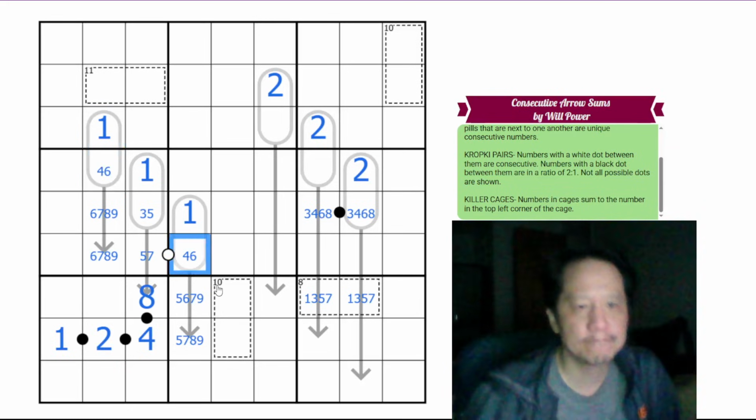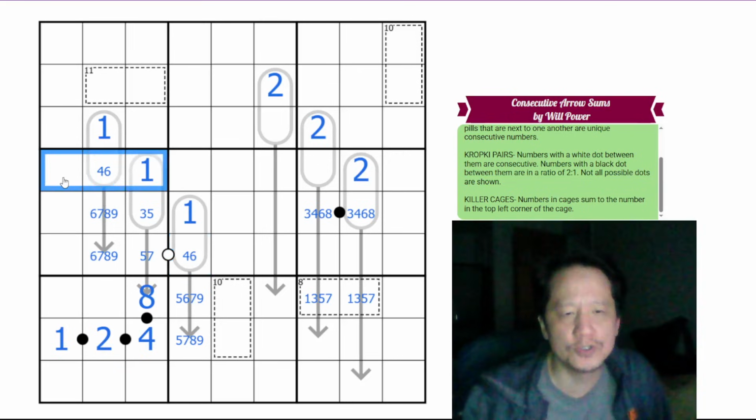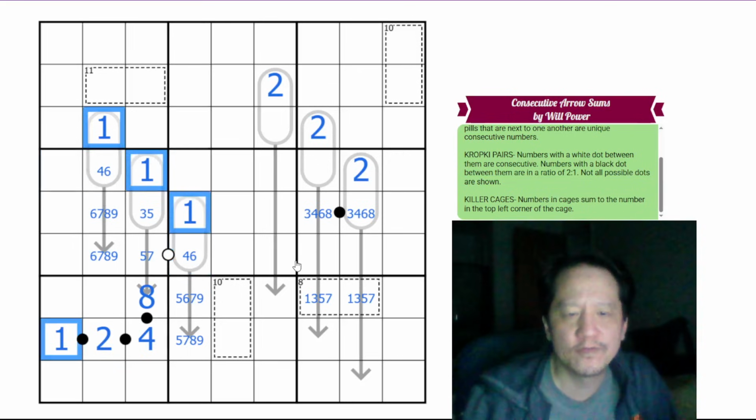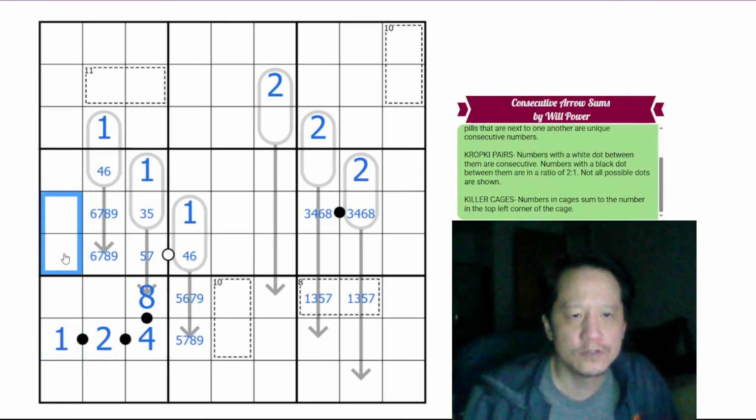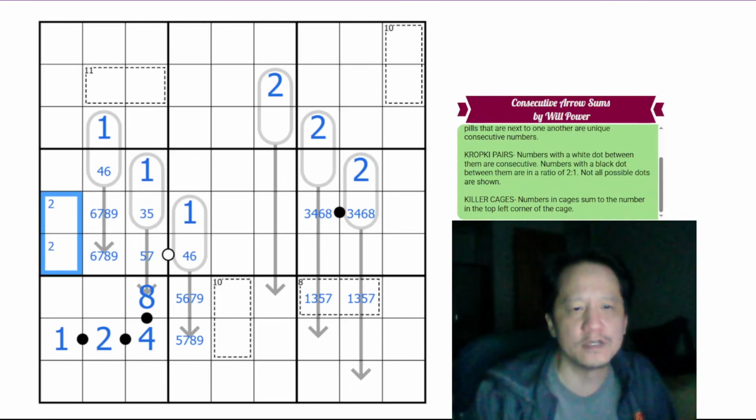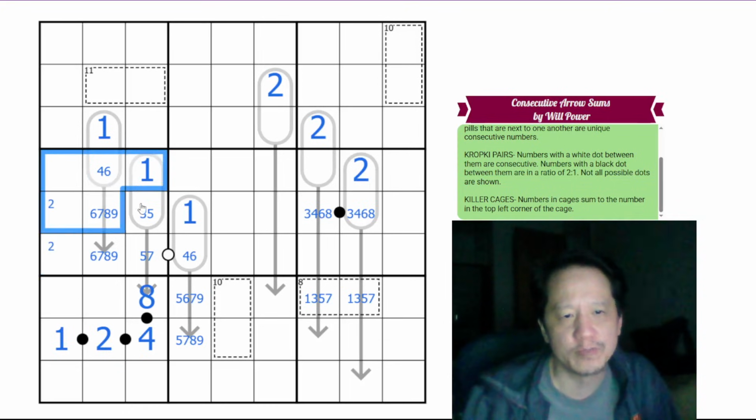Okay. Where is 2? Well, we have 4 ones. 2 has to be one of these 2 digits in this left central box because it cannot be here and it cannot be adding up to these sums.